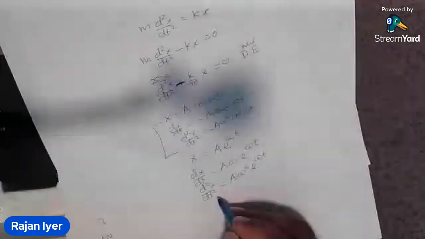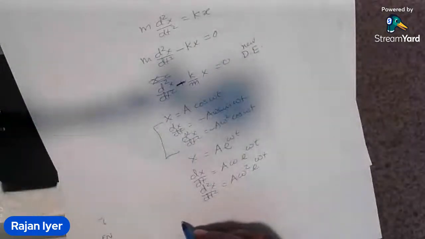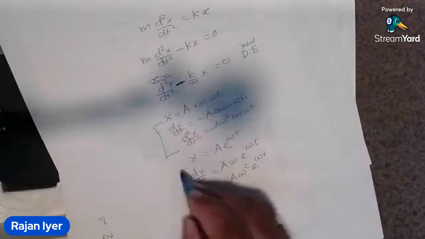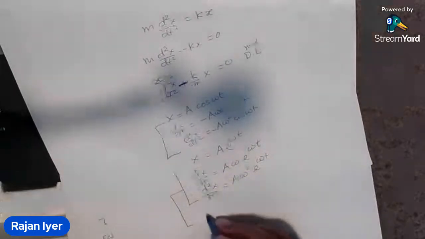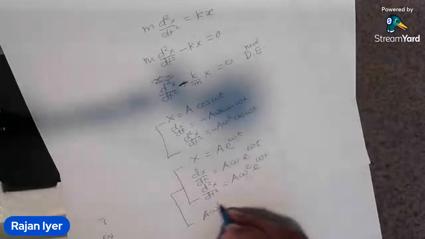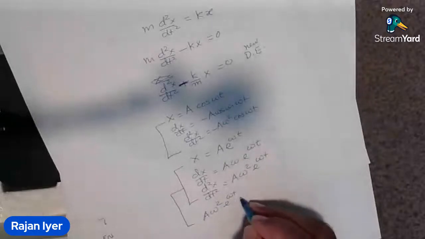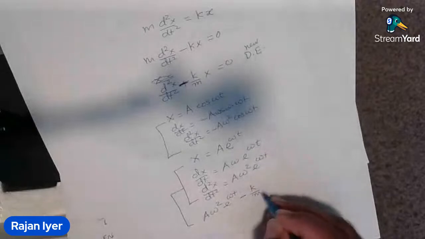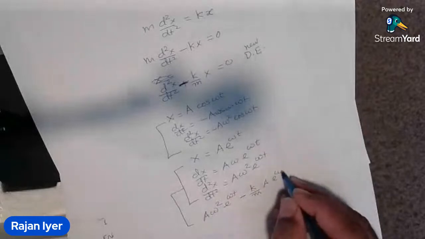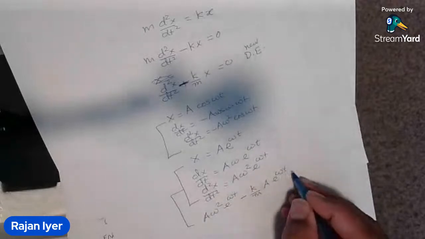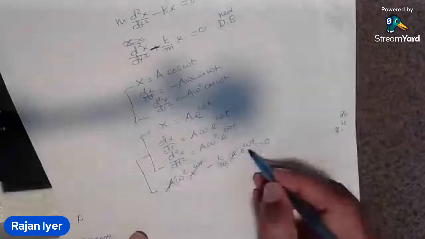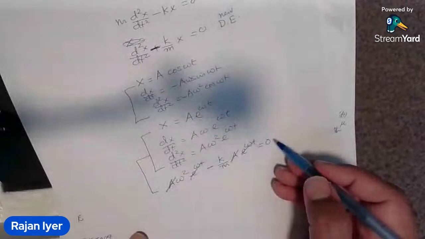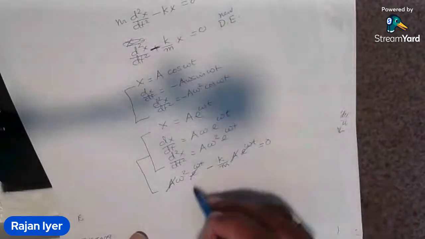Let's see. So let's put that back into the equation. These two. So d square x is a omega square e omega t minus a over m a e omega t equal to 0. So I can cancel a and a, and e omega t I can cancel. In this case, it will work. So omega square equal to k over m.